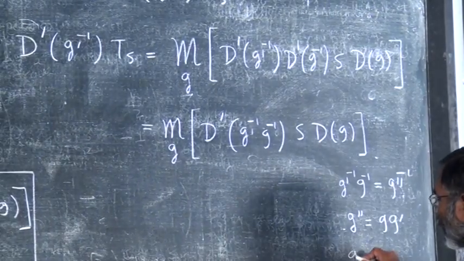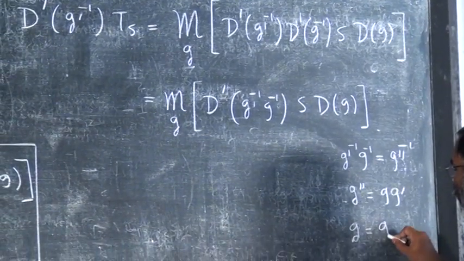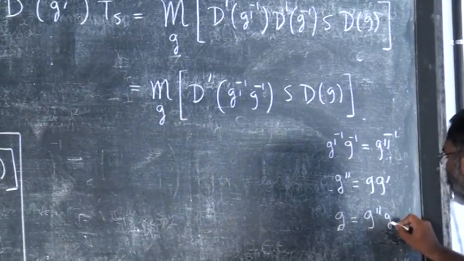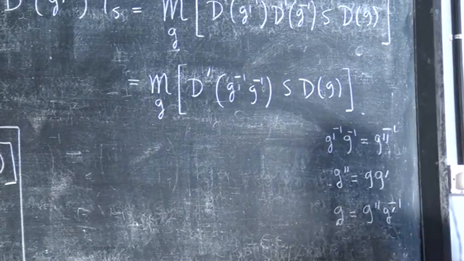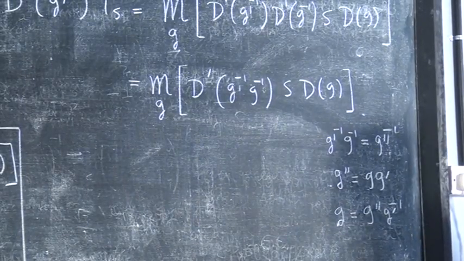So g will be g double prime g prime inverse.